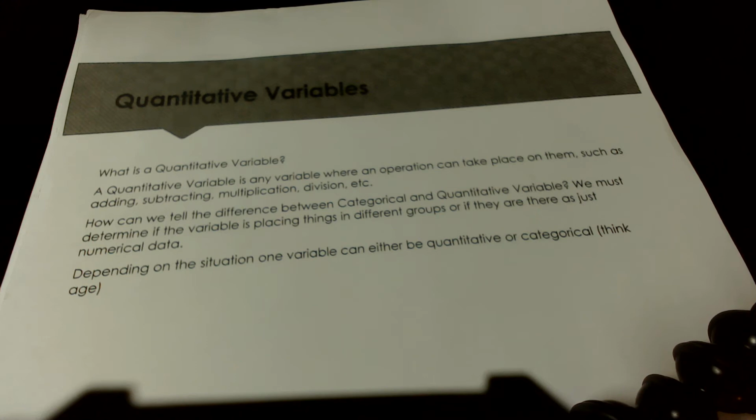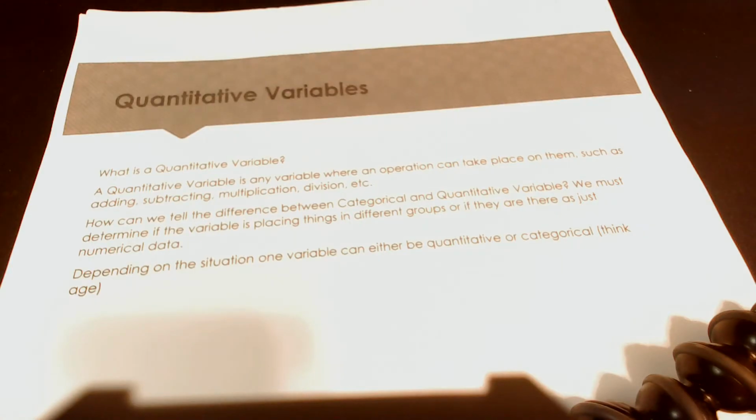How can we tell the difference between categorical and quantitative variables? It can be hard because the same variable name can be different depending on the situation, and that's what it really is, just looking at the situation itself.